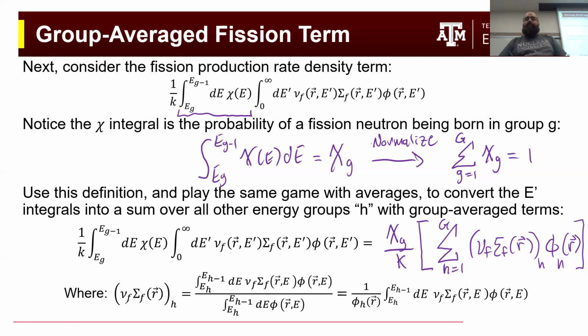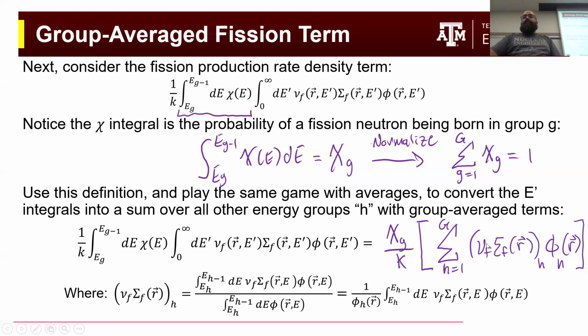Usually when you see nu F and sigma F, you see them together for production rate density terms. They both depend on the same thing, like your fuel or some material in your reactor.